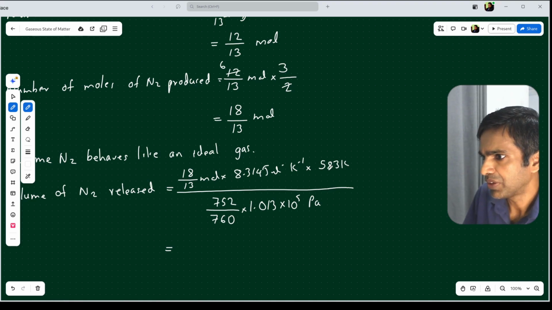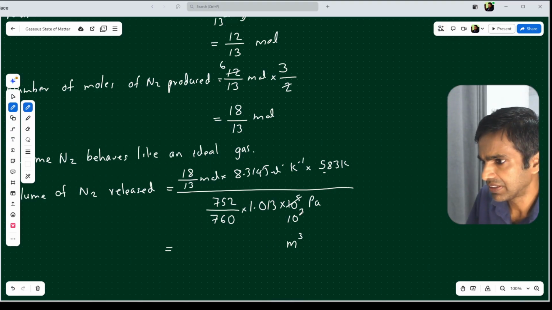583 means 5.83 times 10 to the power 2. So we can divide by 10 to the power 2. So all the values are substituted in SI units. Therefore, the volume is in its SI unit, cubic meters.